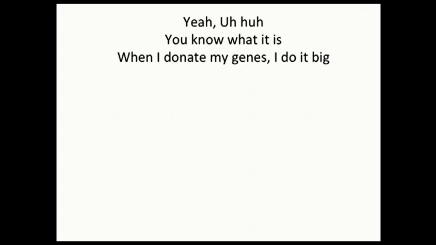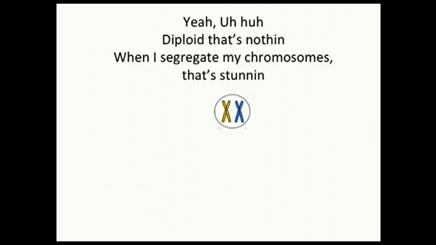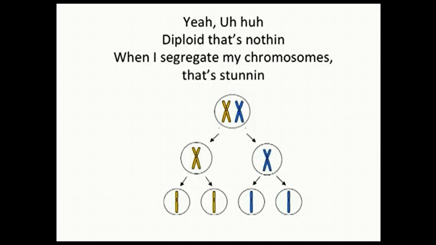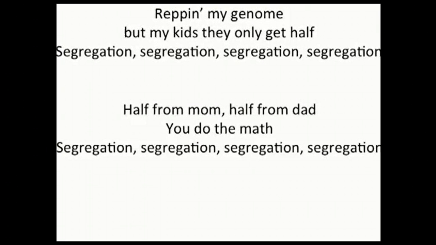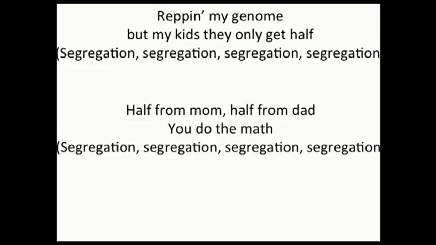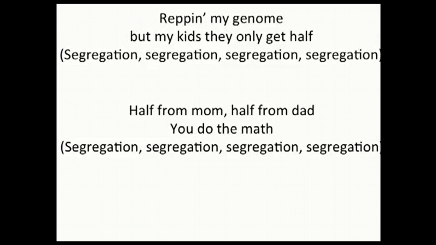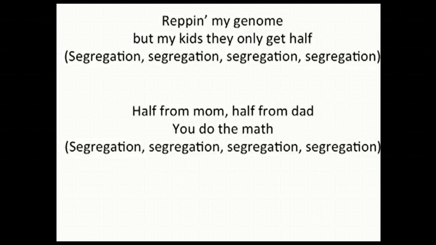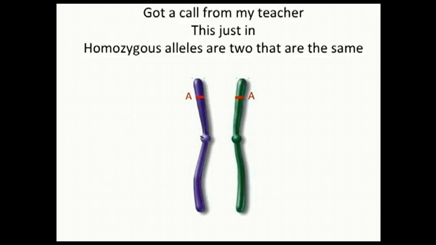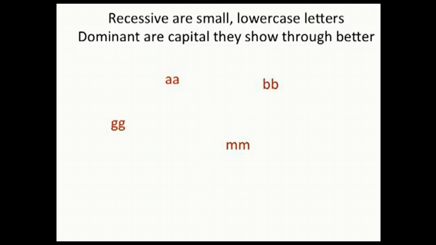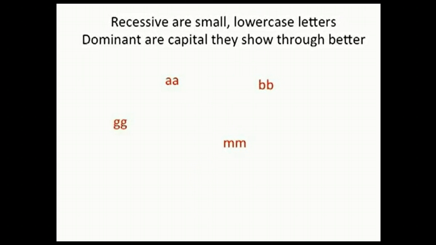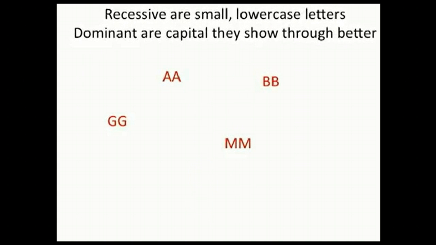Homozygous alleles, two that are the same. Recessive is small, lowercase letters. Dominant is capital, they show through better.